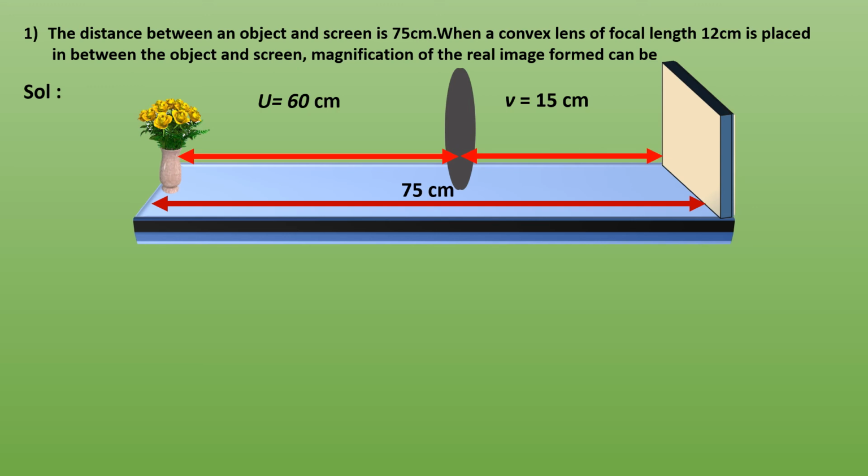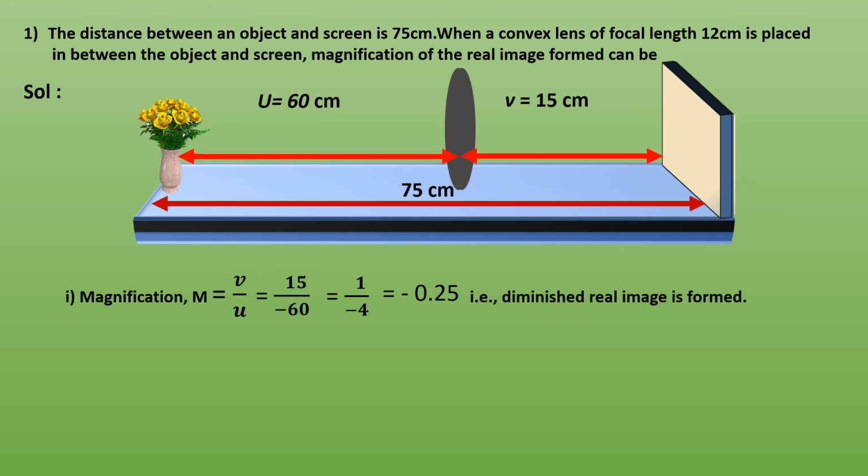Now let us find magnification for these values. So magnification m is equal to v by u, that is equal to 15 by minus 60 as per sign convention rule, and if we simplify this we get magnification as minus 0.25, that is diminished real image is formed and that can be seen on the screen.